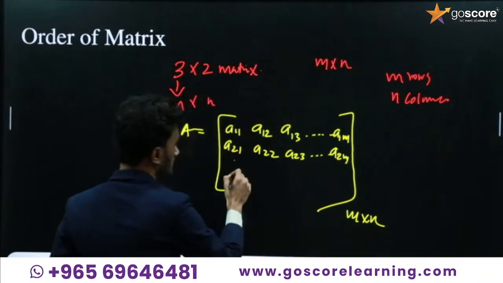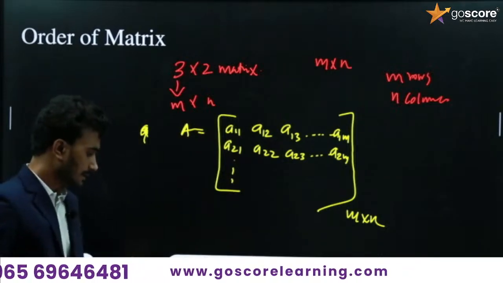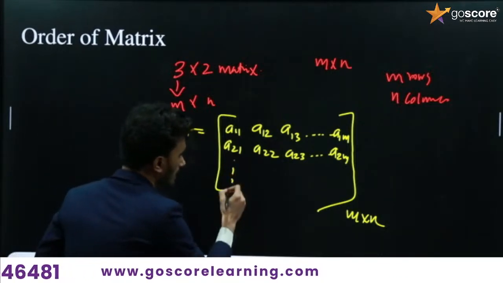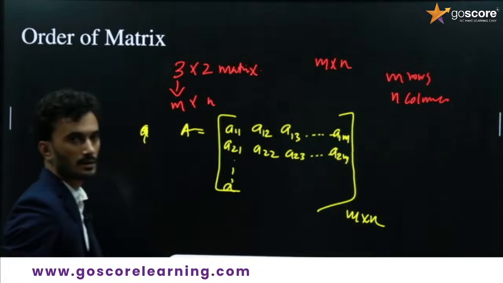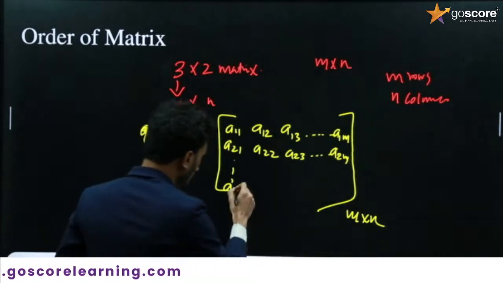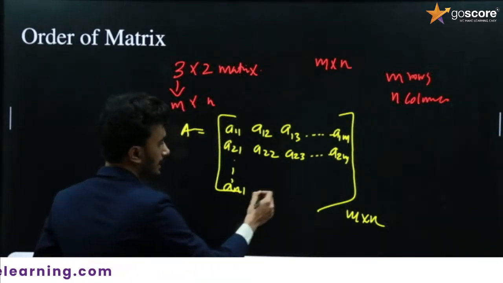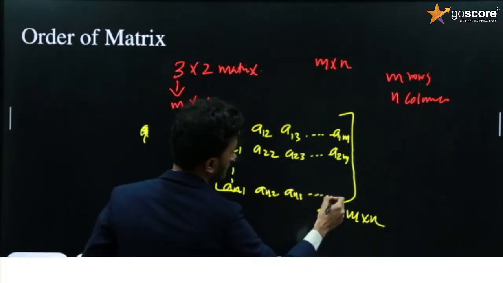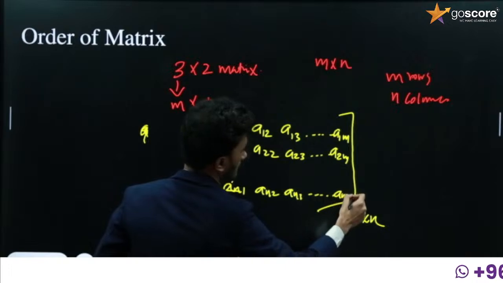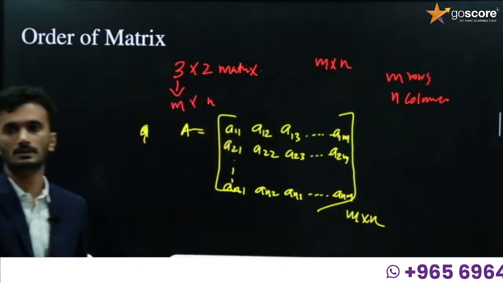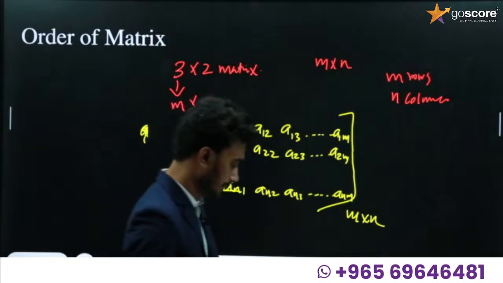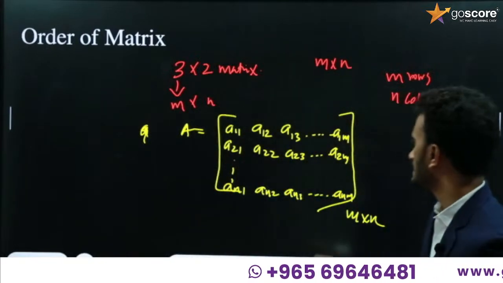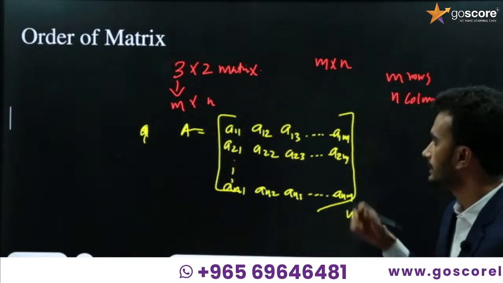A2m, and so on. Then An1, An2, An3. The last element is Anm. So you can see in the ith row, what will be the ith row?